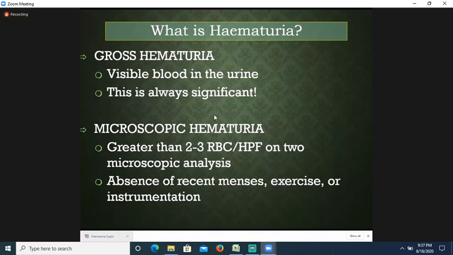So basically, these are two straightforward definitions for hematuria. One is visible, one is non-visible.